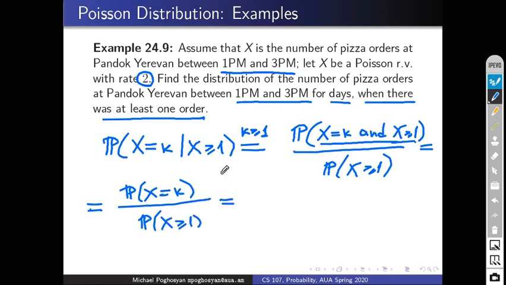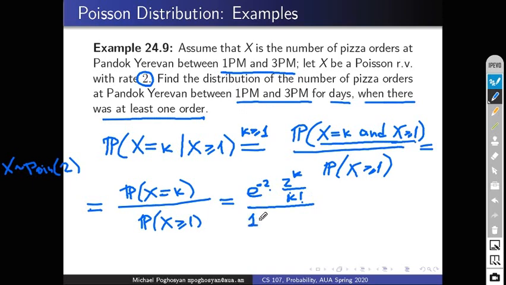Now let's calculate. So what we know about X: X is Poisson with parameter 2. The probability that X will be K is e to the minus 2 times 2 to K over K factorial. And this is divided by the probability that X is larger or equal than 1.